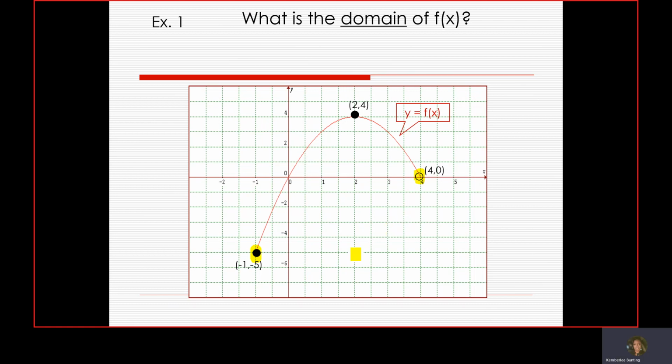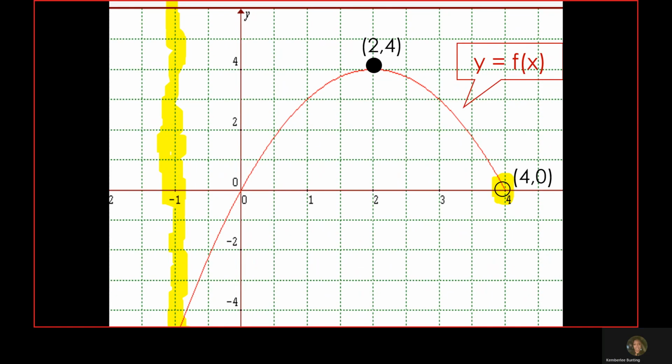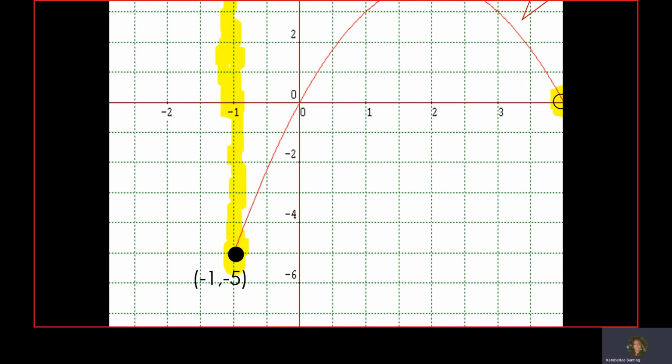Now, what x value does this furthest left point line up with? Notice there's a coordinate (-1, -5). So the smallest x value on this graph is -1.